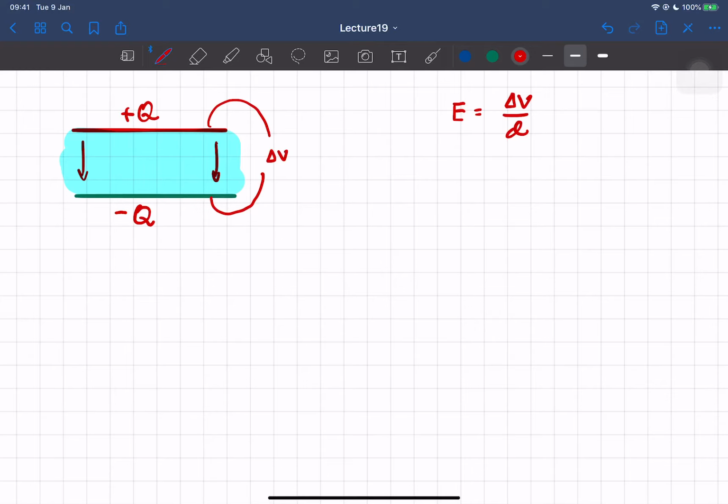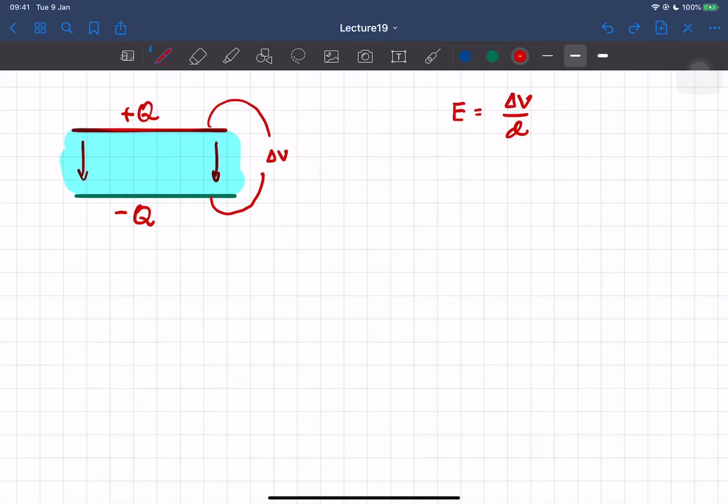If you have a conductor, then charge here will just jump back down and you lose all the charge stored in the capacitor. So the thing that you insert between the capacitor has to be an insulator, otherwise you destroy the ability to store charge. So you don't have a capacitor anymore. So a dielectric has to be an insulator in order to work.